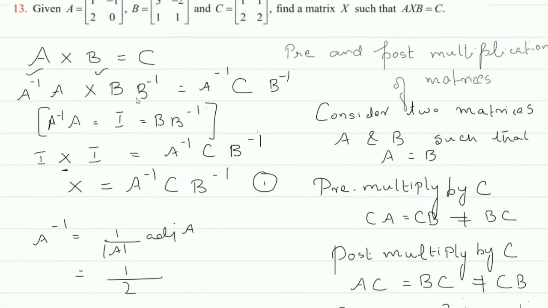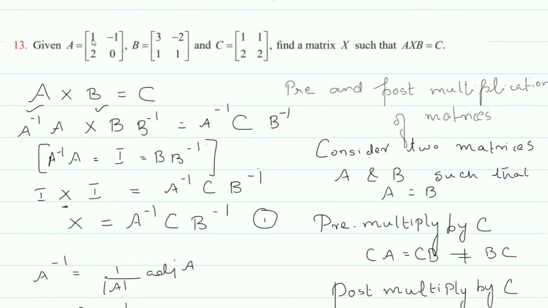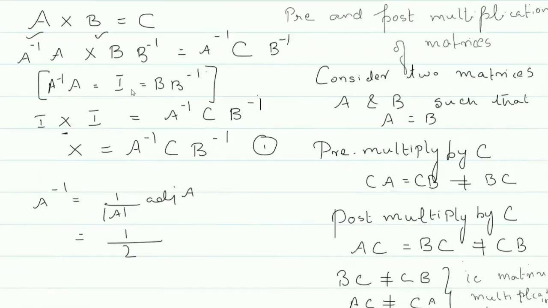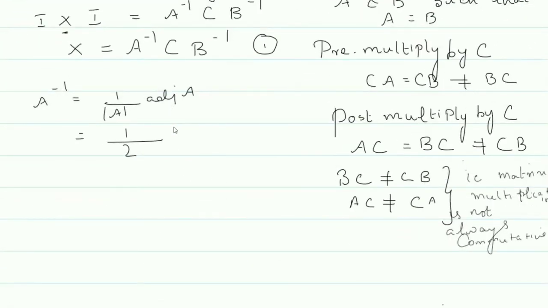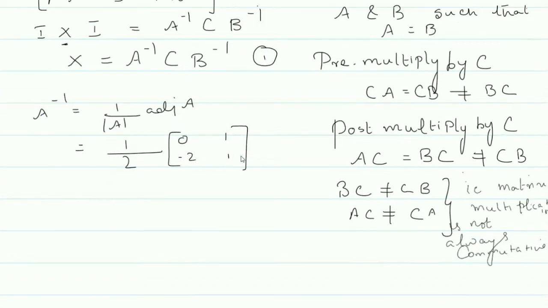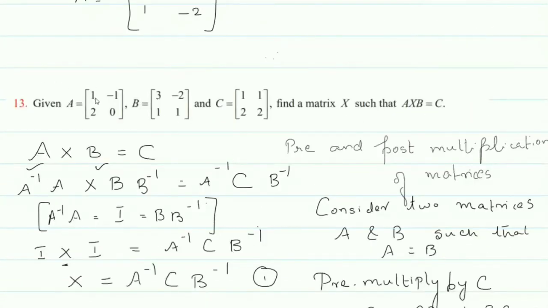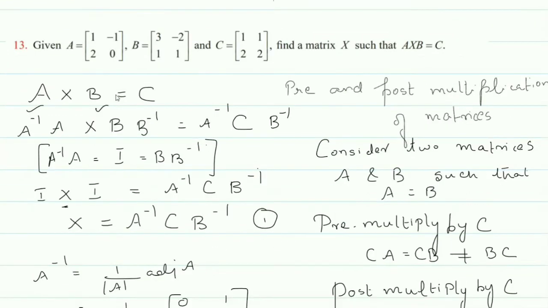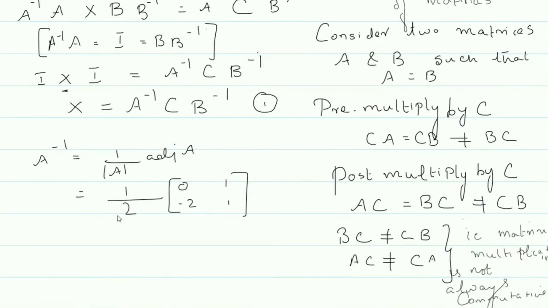Adjoint of A: interchange these two numbers, change the sign here. Adjoint of A will become 0, 1, minus 2, 1. Minus 1 will become plus 1 and plus 2 will become minus 2.